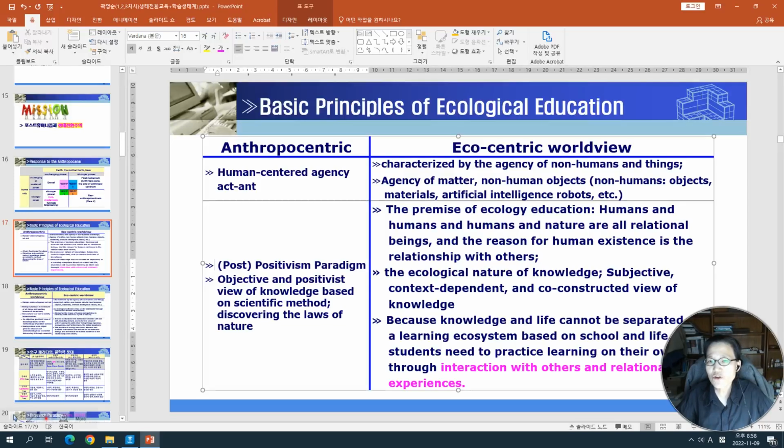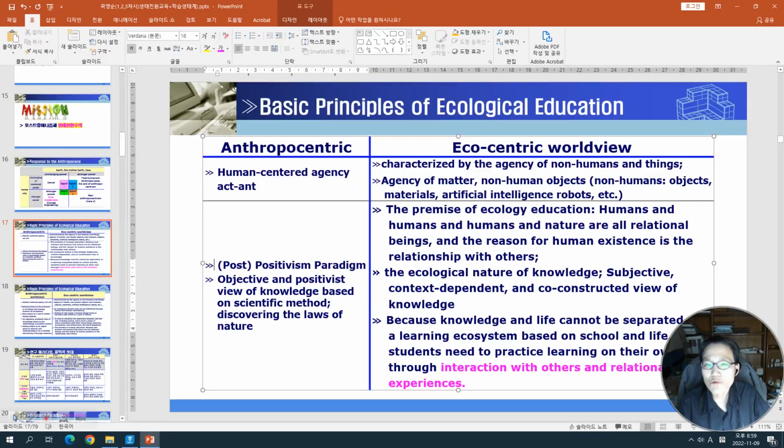But when you talk about an ecocentric worldview, it's post-humanism, which means other than human beings, there are other agencies, including non-humans, and things like a computer and, how can I say this, cyborg. Okay, it could be agency. Agency means the one who acts, the one who takes actions.